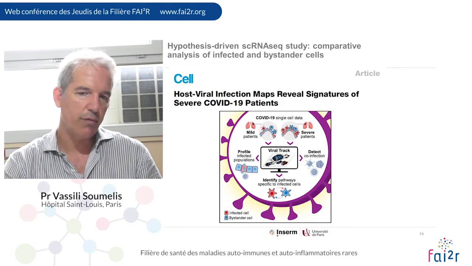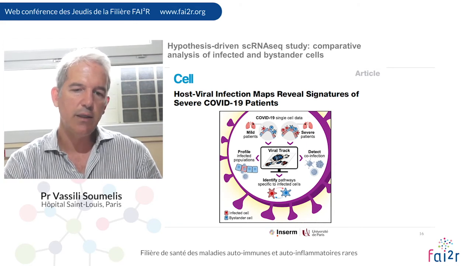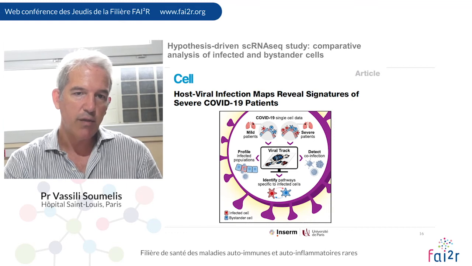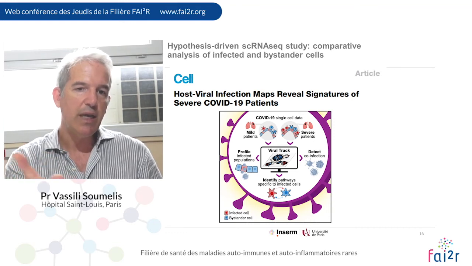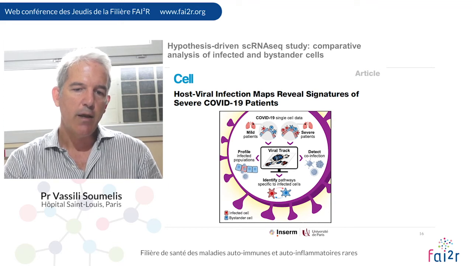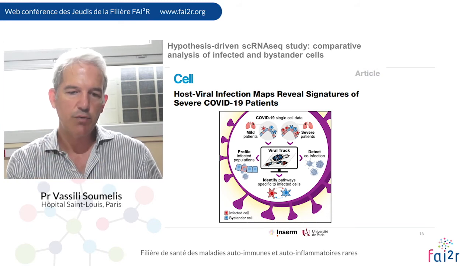And so two examples, in the context of COVID-19. This is a study from the group of Genomic in Israel, having addressed a specific hypothesis using big data in the form of single-cell RNA-seq, in which they have generated a method to identify viral sequences in individual cells.